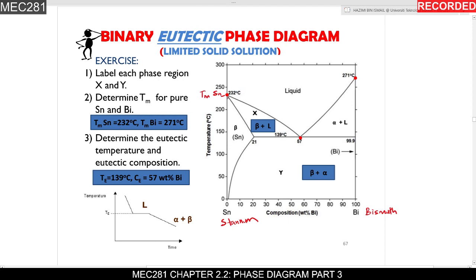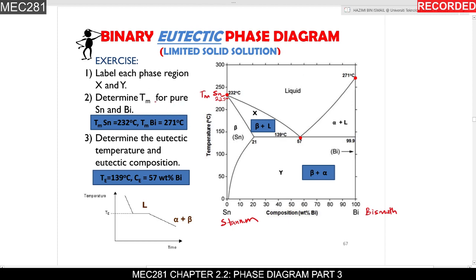If you do not get that accurate value, it's okay, but approximately around that value. If you put 200, it's totally wrong. But if you approximate around 225 here at the middle of that line, around 230, 235 or 240 is still okay.